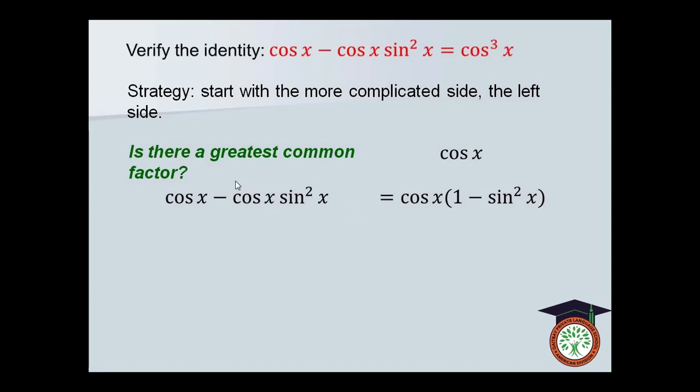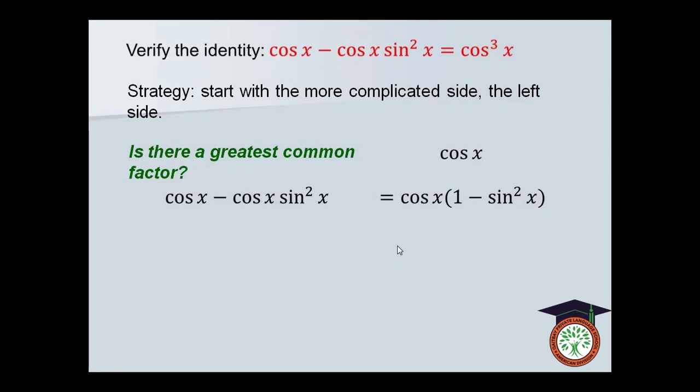I wrote here the left side as it is, and I can see that we have cosine x common between the two terms here. So I took cosine x as a common factor. So what will be left? I will write it between brackets. Here, cosine divided by cosine equals 1. And cosine divided by this part equals sine power 2x.